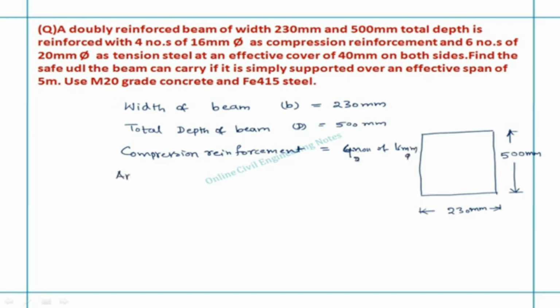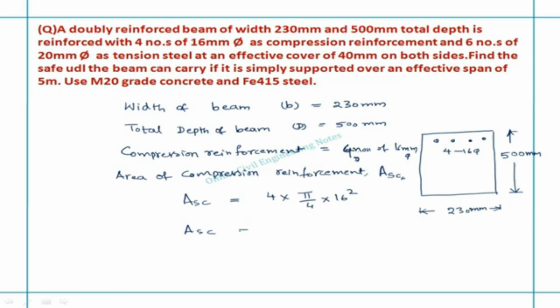Area of compression reinforcement, that is ASC, is 4 into pi by 4 into 16 square. ASC is equal to 804.247 mm square.